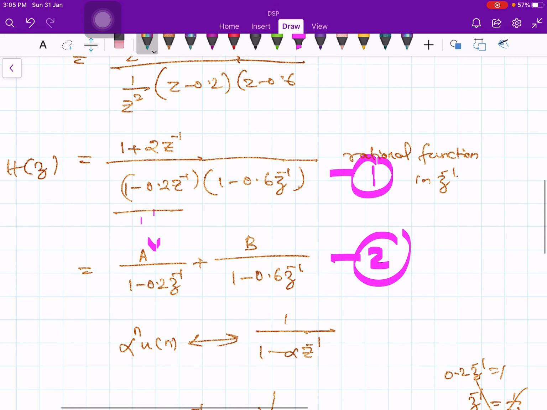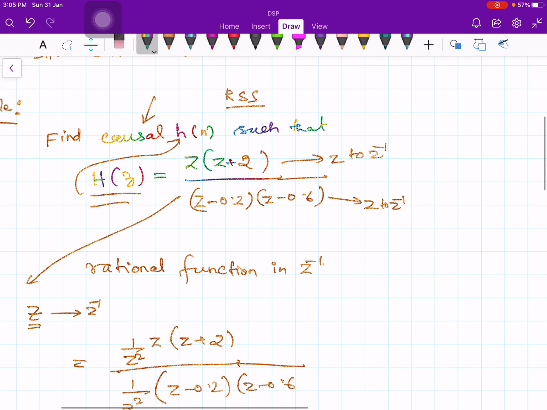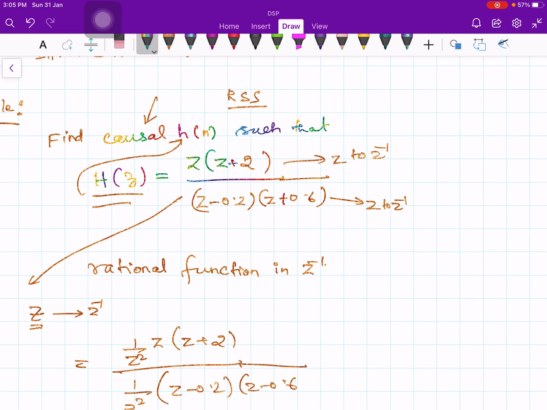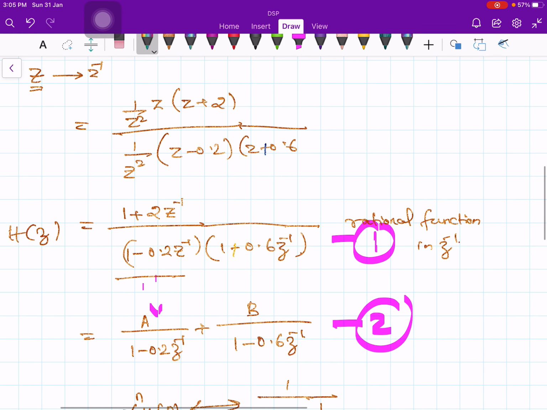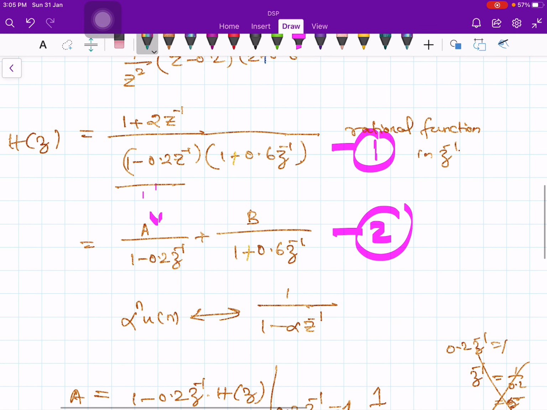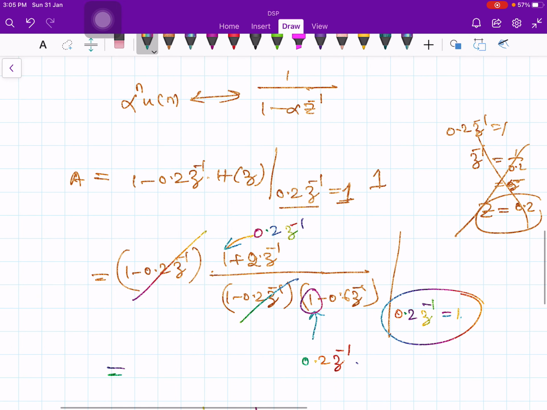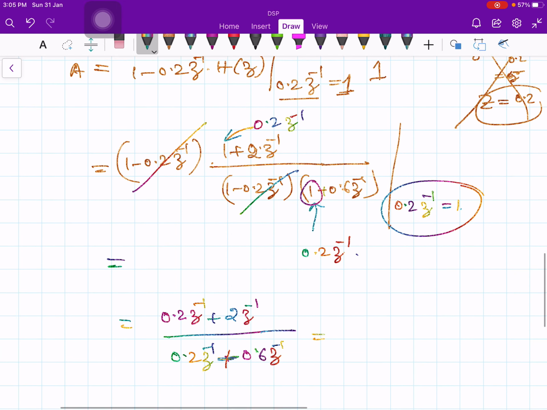I'm sorry, I wrote the question wrongly. This is plus, this also plus. I copied the problem wrongly. So this is plus, this also plus.